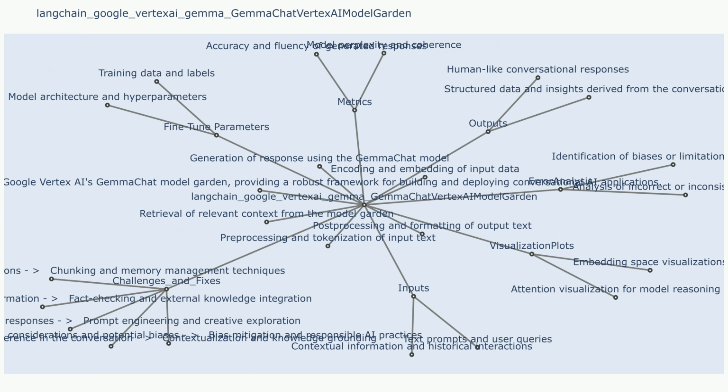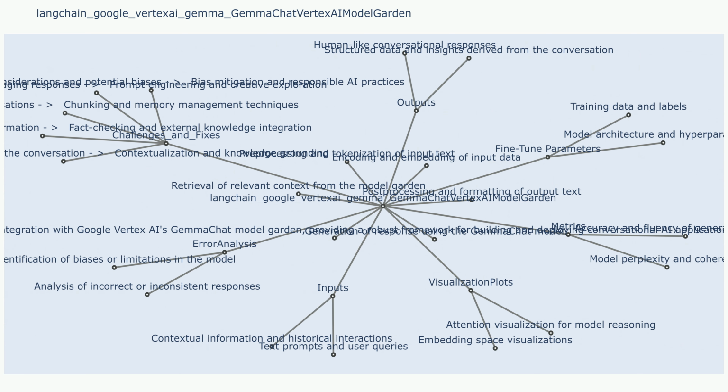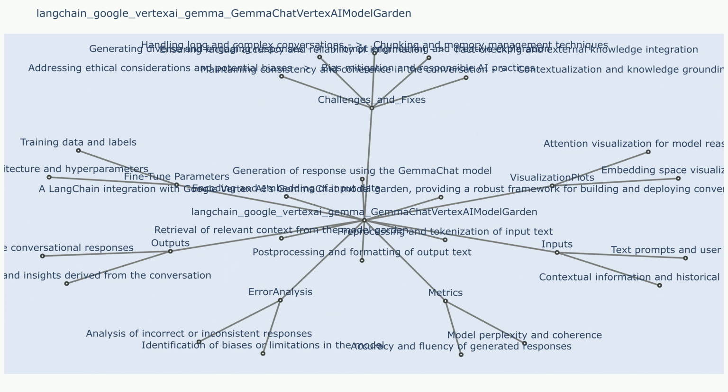Outputs. Output 1: Explain in detail. Textual response generated by the model in natural language, providing answers, summaries, creative outputs, or other desired results based on the input. Output 2: Explain in detail. Metadata about the generated response, such as confidence scores, model details, or other relevant information.